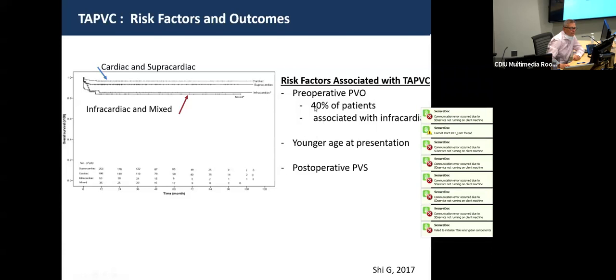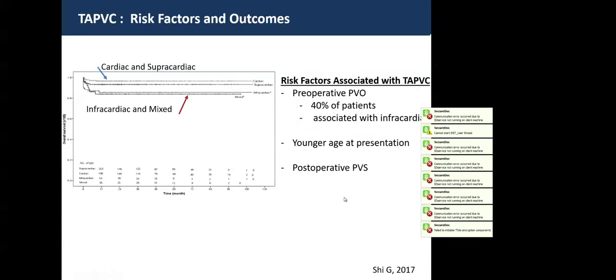You can see that preoperatively 40% had obstruction, and so preoperative pulmonary vein obstruction was a risk factor for survival, as was younger age at operation, and early postoperative pulmonary vein stenosis also presaged a less good long-term survival in this particular study.